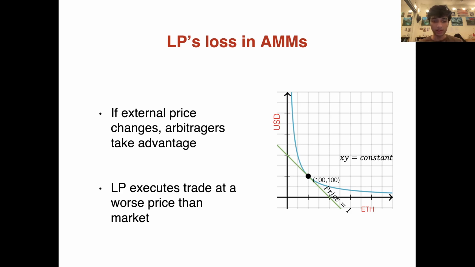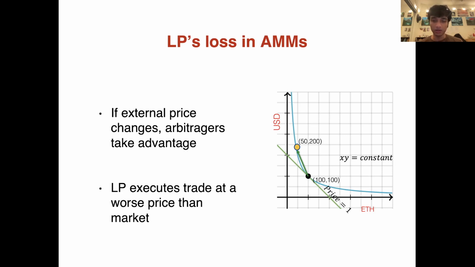Then, because of the external price change, arbitrageurs are prone to take advantage of this and buy the asset ETH from the constant function market maker and sell it on the external market. They would keep buying ETH until the slope of the tangent equals the external price, which is 4, and reach a new operating point 50, 100 as shown in the figure.